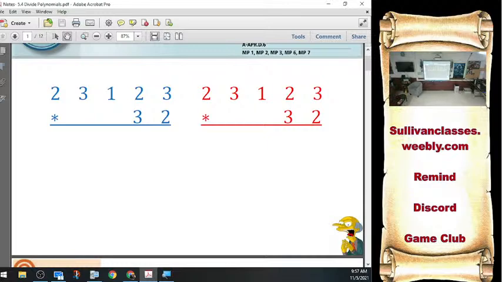Without a calculator. Do the one on the left. Wait, no, what are we supposed to be?